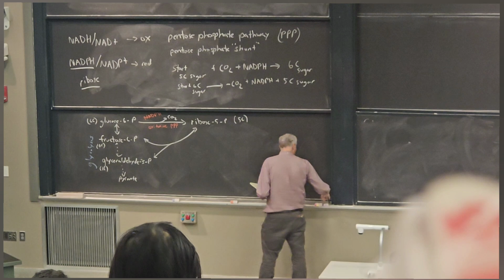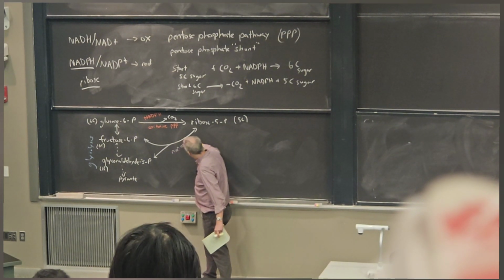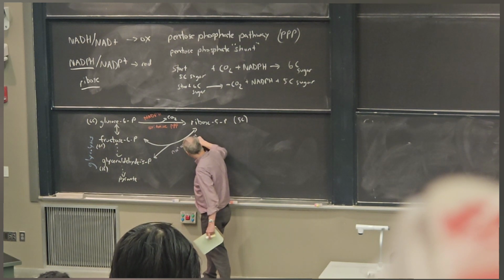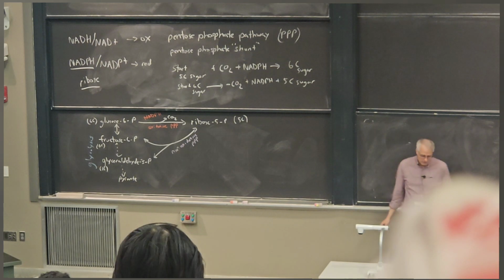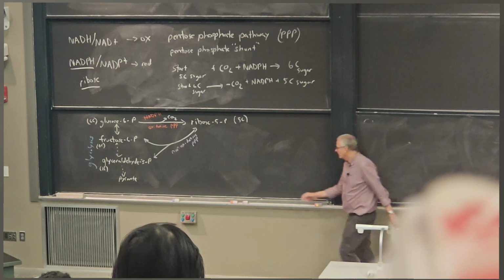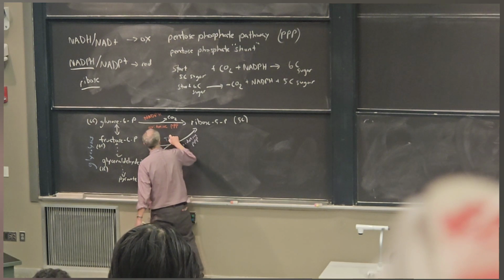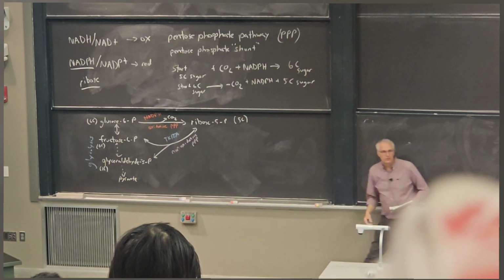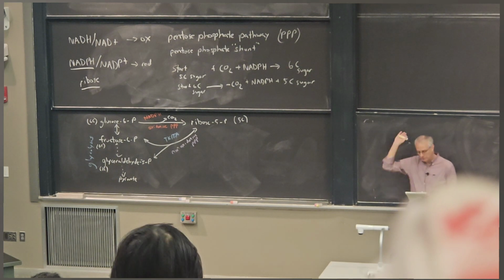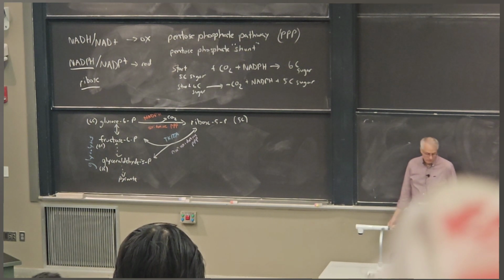Whereas this other pathway down here is referred to as the non-oxidative pentose phosphate pathway, which is effectively a bunch of transketolase and transaldolase reactions that allow me to interconvert 5-carbon sugars with 6-carbon and 3-carbon sugars, just like you heard about from Professor Ringel.